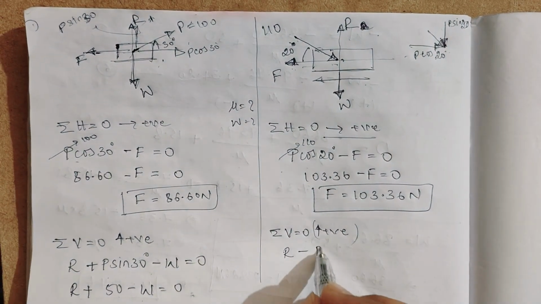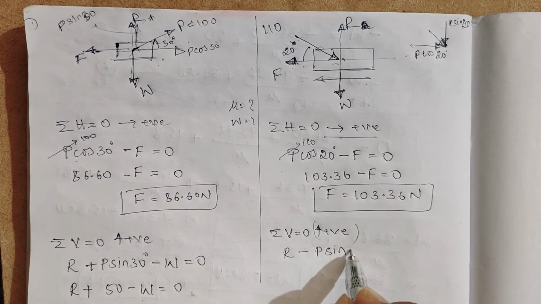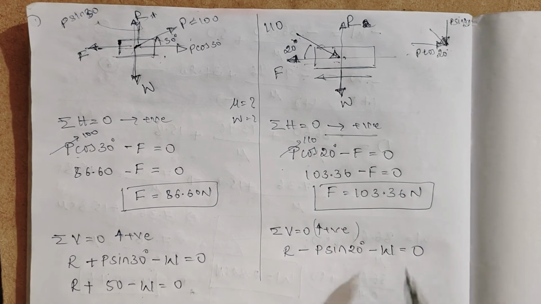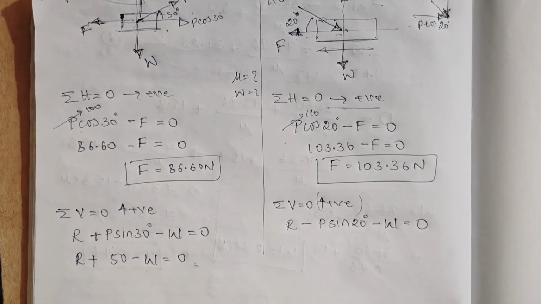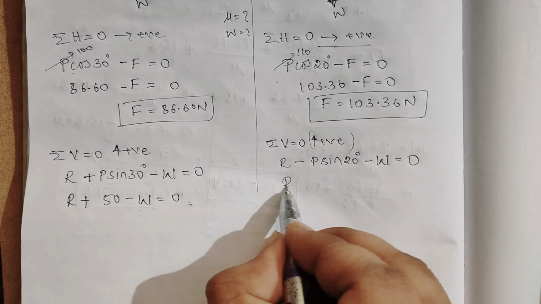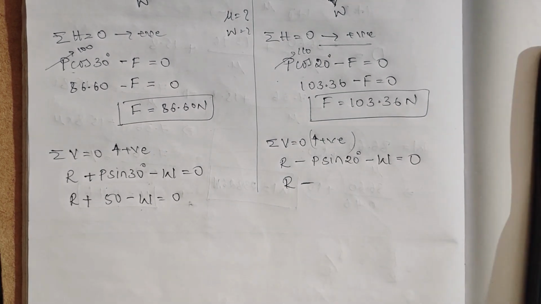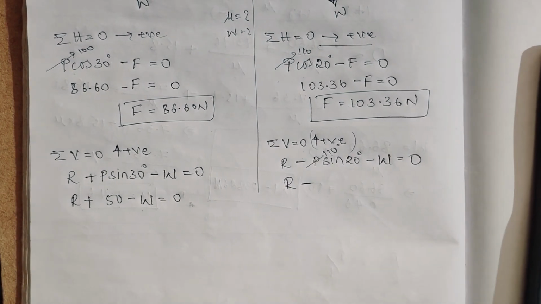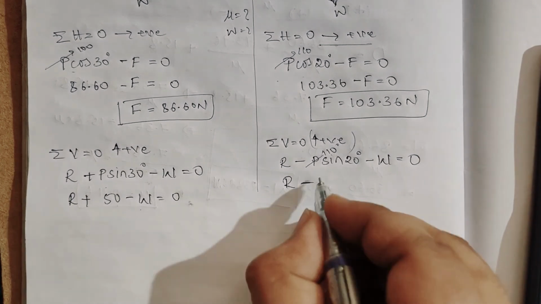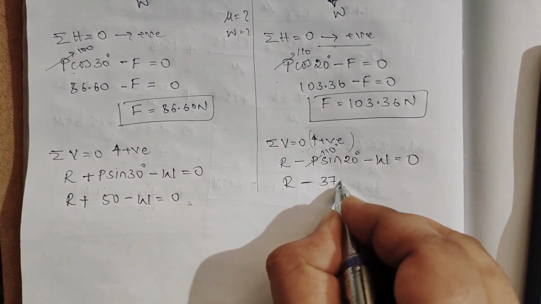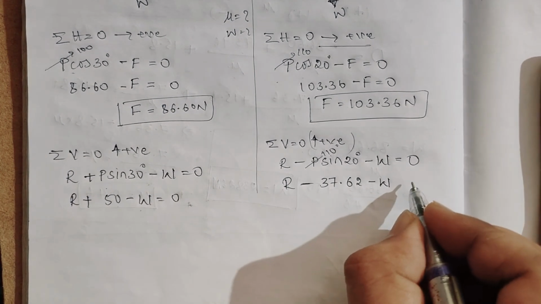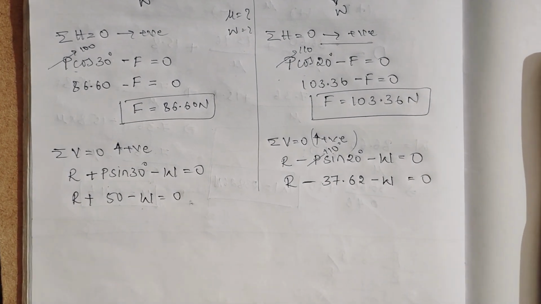So R minus P sin 20 degree minus W is equal to 0. Now P is 110, don't forget it, values are same, no different. P sin 20 degrees, 37.62 minus W is equal to 0.